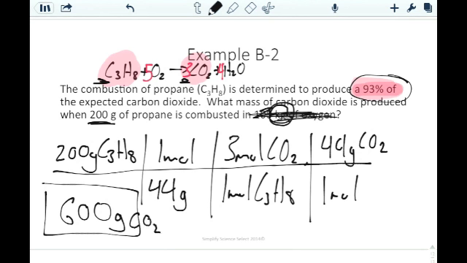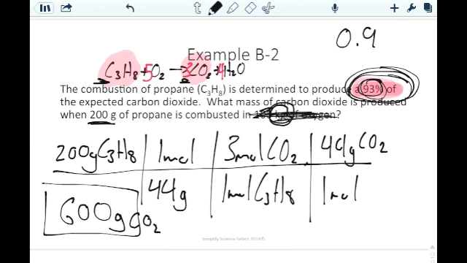So when we're looking at this, all we have to do here is we have 600 grams that can be produced, 93% of it. Since we know what the percent yield is, we just multiply. And remember, whenever we multiply by a percent, what do we always have to do? Move the decimal.